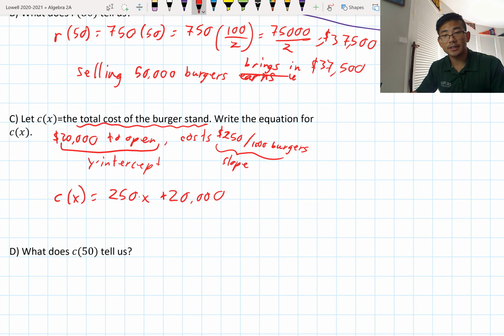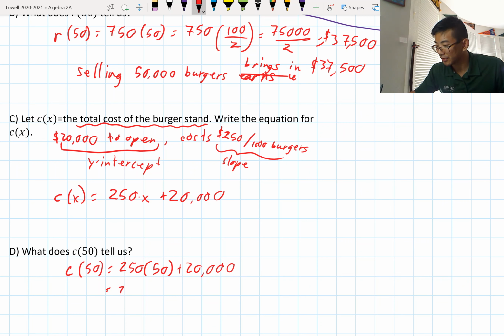Now, if we want to evaluate C of 50, just like before, we'll just throw 50 in for X. 250 times 50 plus 20,000. I'll do kind of what I just did before: 250 times 100 over 2. My brain's not really working today, so that's why I'm doing this.